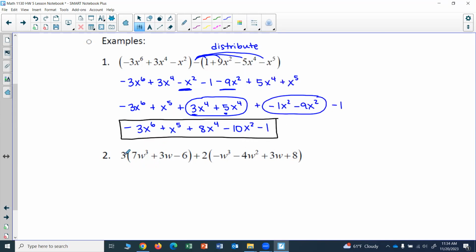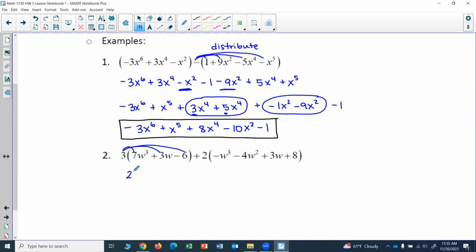Now I want to do 3 times the polynomial 7w cubed plus 3w minus 6 plus 2 times the polynomial negative w cubed minus 4w squared plus 3w plus 8. So the first thing I need to do is distribute. So that 3 will pull through to all 3 terms in the first polynomial.